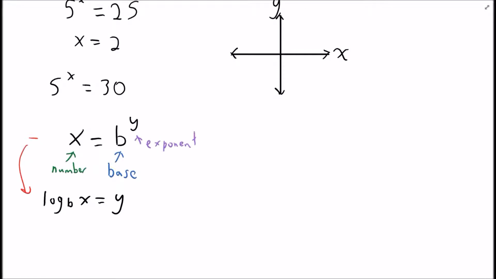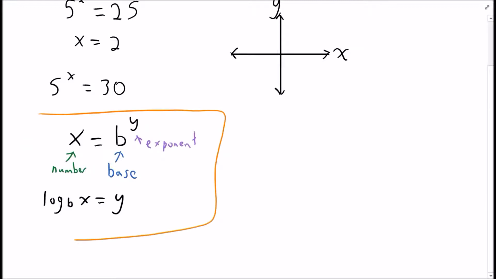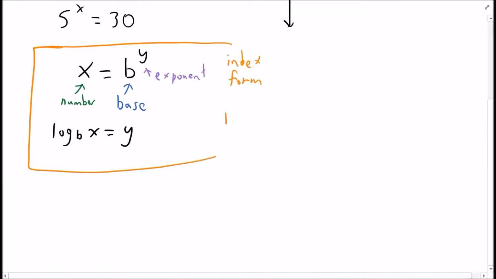I've gotten y out of the exponent, and now it's y equals something that I can do on the calculator to find what that exponent is. Just for your information, the top one here is called index form, and the bottom one with the log in it is called logarithmic form.